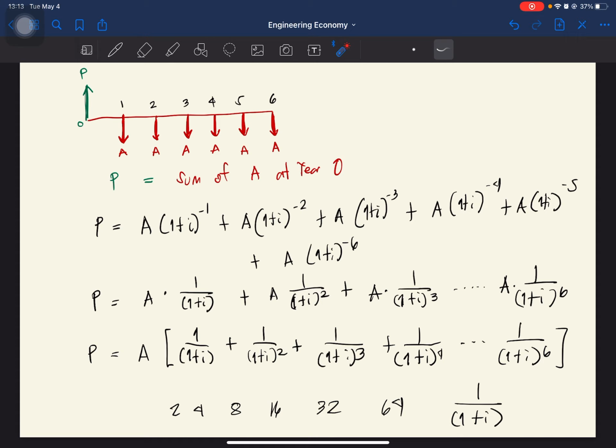Ngayon, from your algebra lesson, kung natandaan mo pa to nung ikaw ay nasa senior high school, ang sum ng geometric series is A, which is the first term, times 1 minus r raised to n, over 1 minus r. Tama? That is the formula.